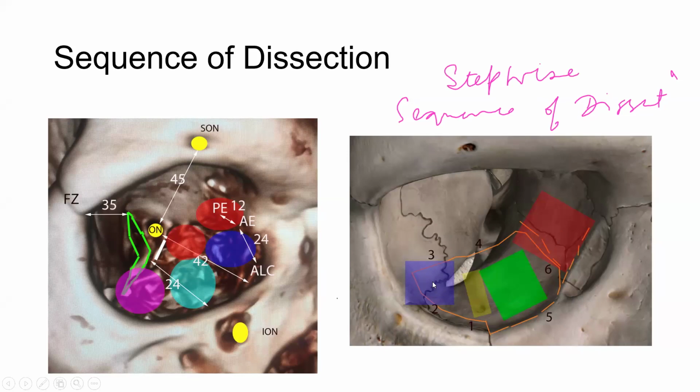In the blue zone, there can be a branch of the maxillary artery. In the yellow zone, there can be a branch of the infraorbital vessels. In the green zone, there can be branches from the antral mucosa. In the red zone, you will have anterior and posterior ethmoidal vessels. So you should know how to progress posteriorly, what to expect, and how to control the bleeding as well.